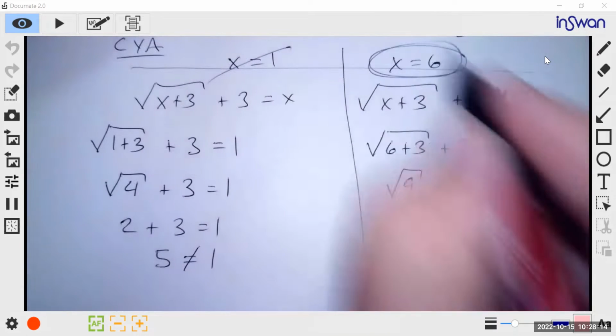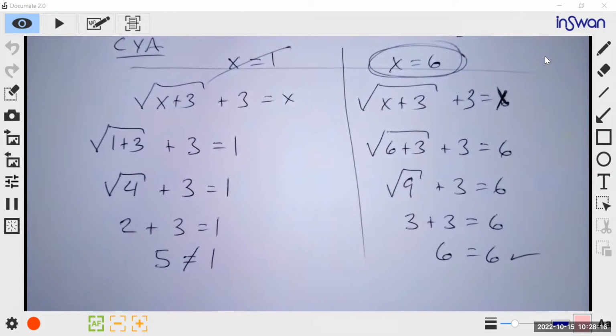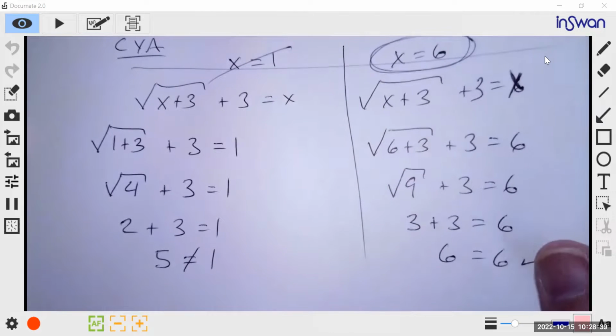So the only answer we have is x equals 6. So far, so good. Once you finish it, always check your answers. Okay, that does it for that section.